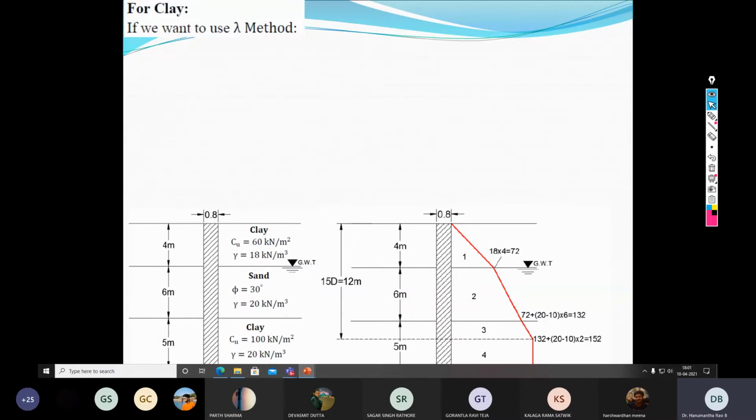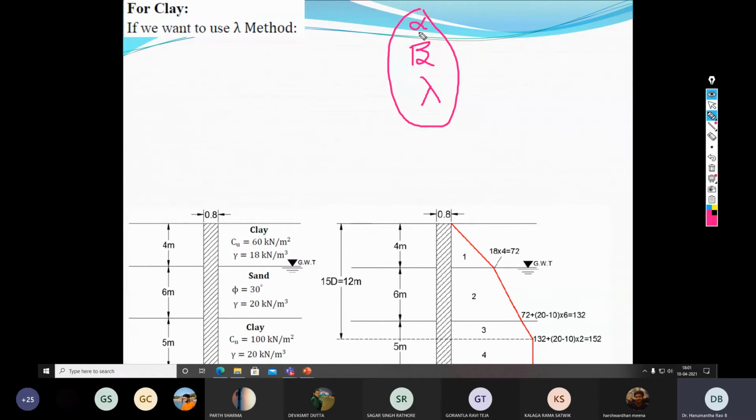The second is how to calculate Qs in clay. In this morning's class, we were discussing how to calculate the skin friction. There are three methods. The very first is the alpha method. Then we also discussed the beta method, and the third is the lambda method.